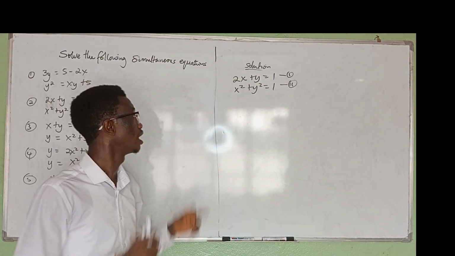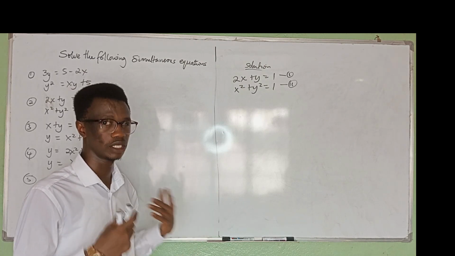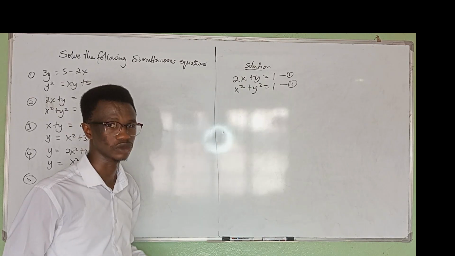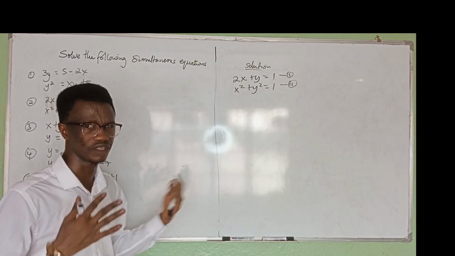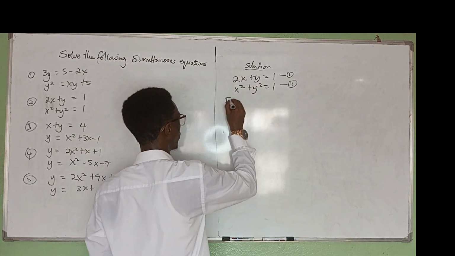So from equation 1, make one of the variables, either x or y, the subject, and substitute that into equation 2 for us to get one of the variables.